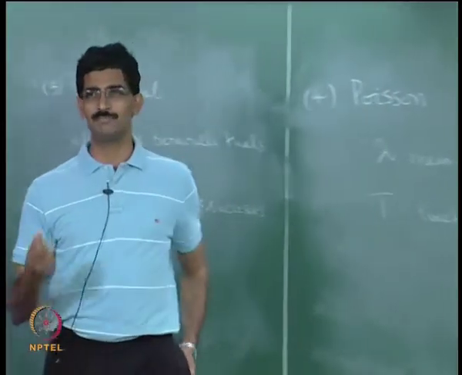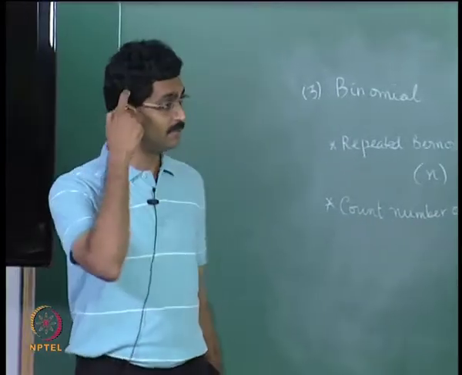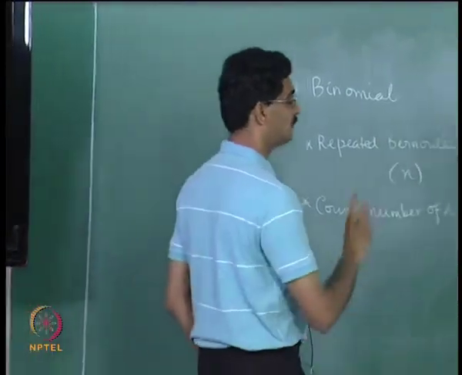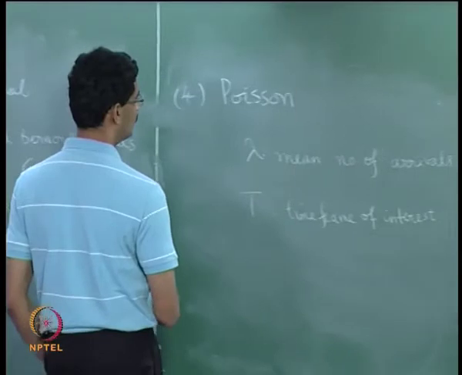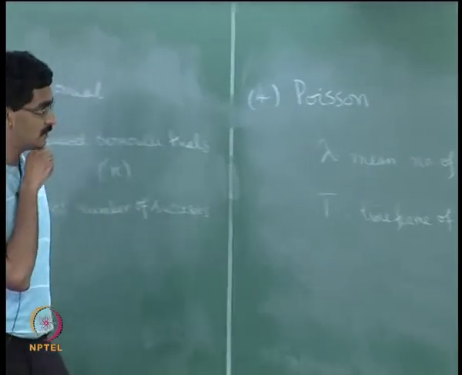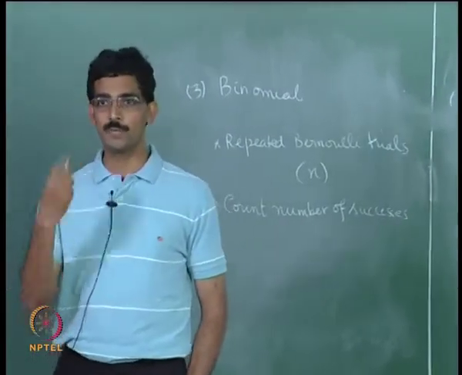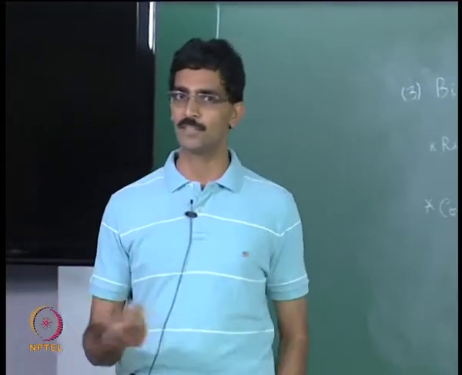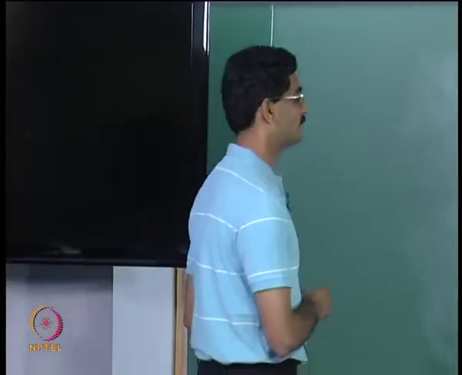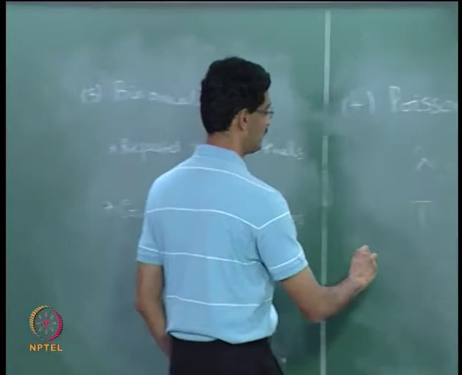So t is usually considered to be very small, but we will just assume that t is some time frame that you are interested in, and what we want to do is find out the probability of x number of packets arriving in this time t, right. So, x is the number of arrivals in time t.